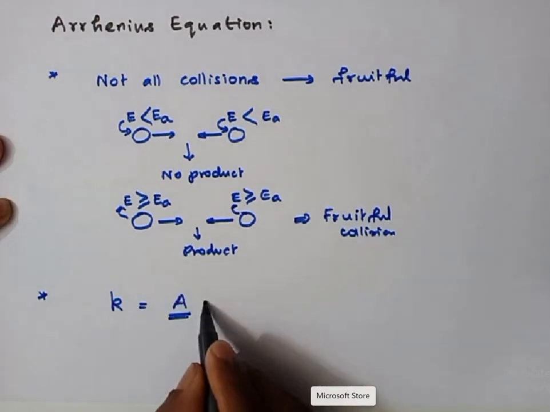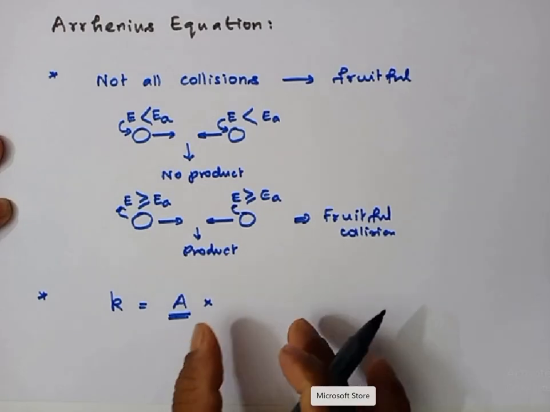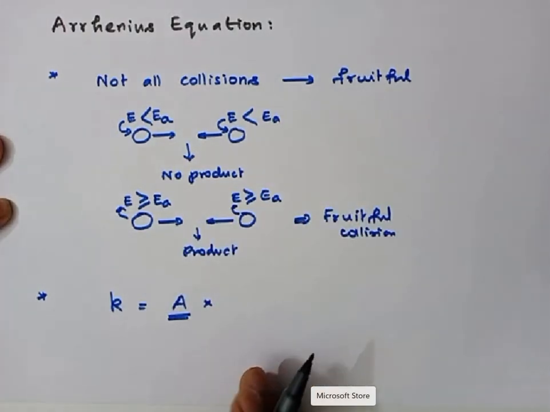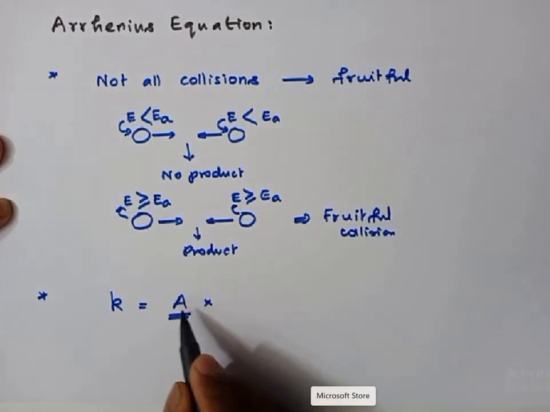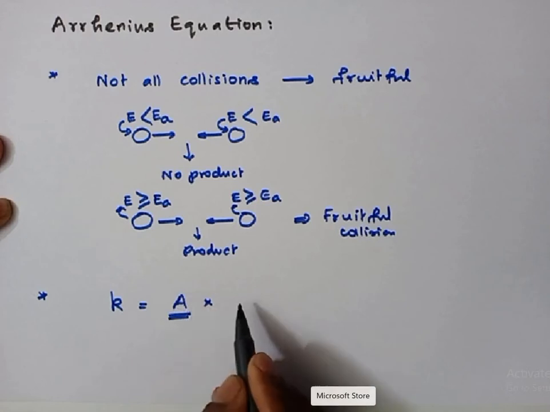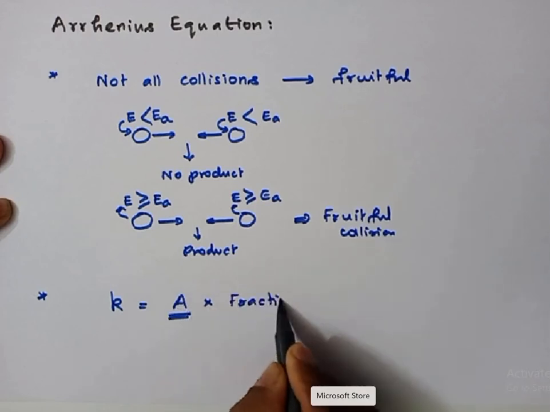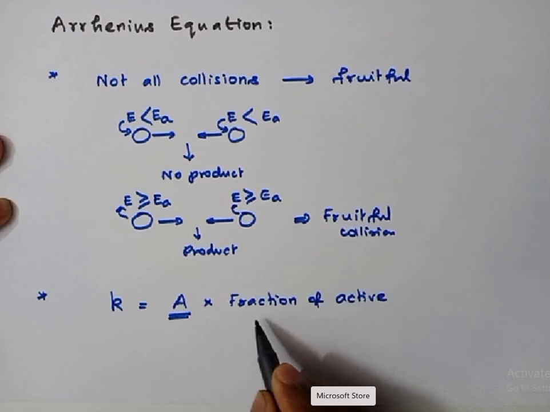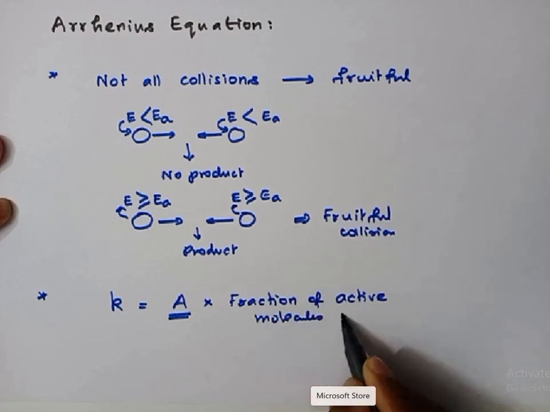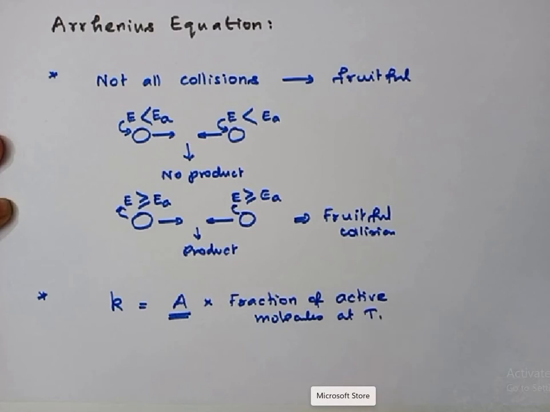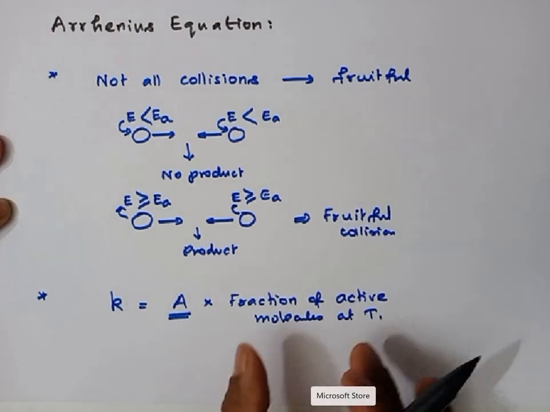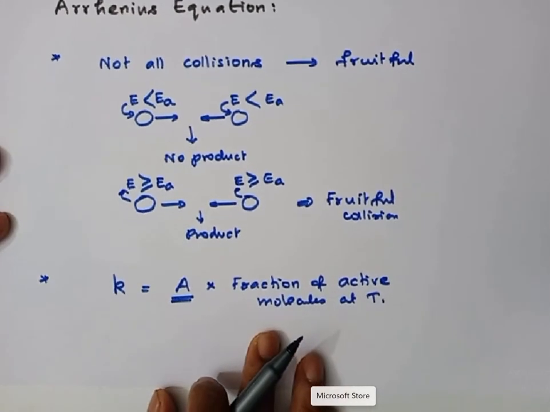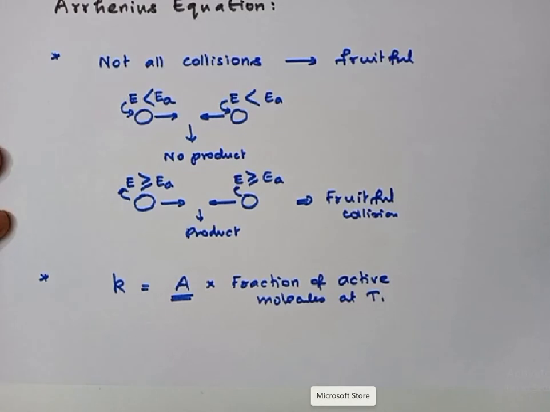And we need another term which will tell you what fraction of active molecules is present at a given temperature T. If you know this value and multiply it with A, you will get the rate constant. This is the argument given by Arrhenius.